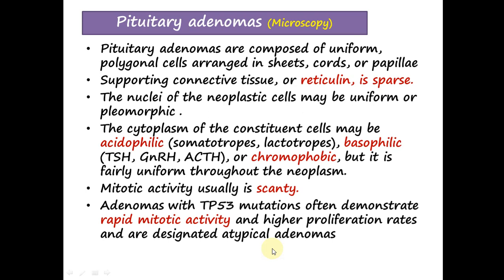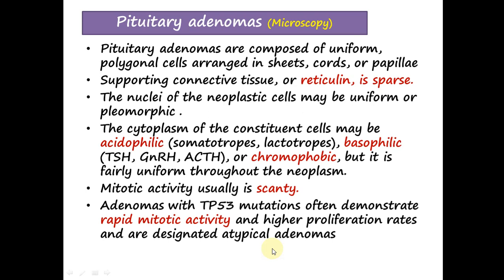The nuclei of the neoplastic cells may have different appearances. For example, they may be uniform or they may be pleomorphic.